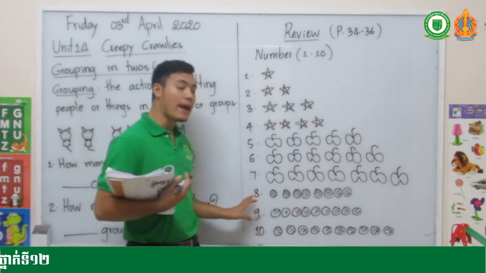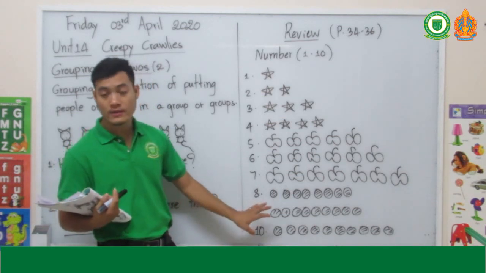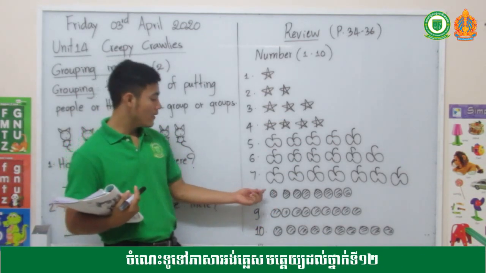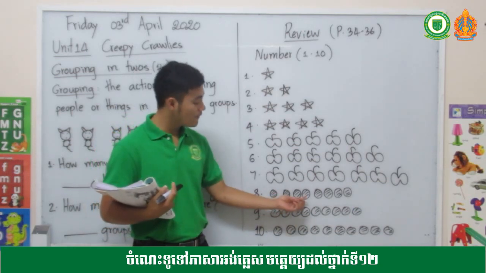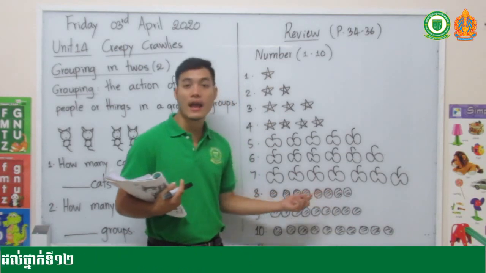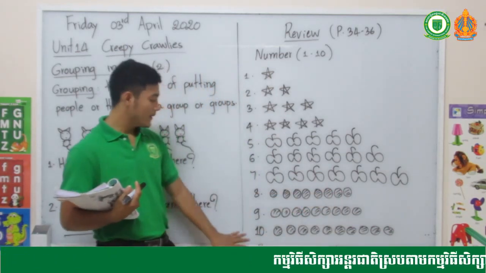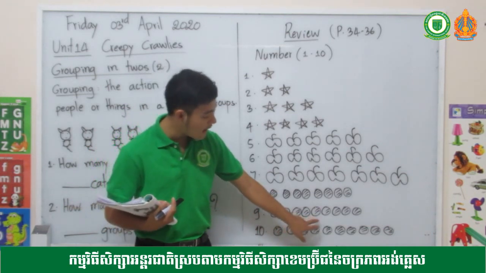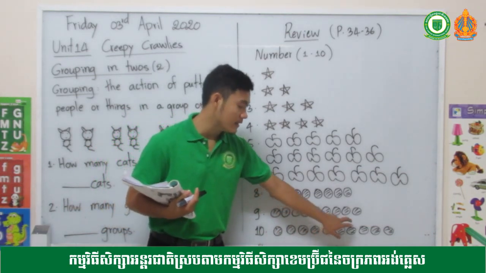Now we go to number 8, 9, and 10. We're going to count the balls. Number 8: 1, 2, 3, 4, 5, 6, 7, 8. So there are 8 balls. Number 9: 1, 2, 3, 4, 5, 6, 7, 8, 9.